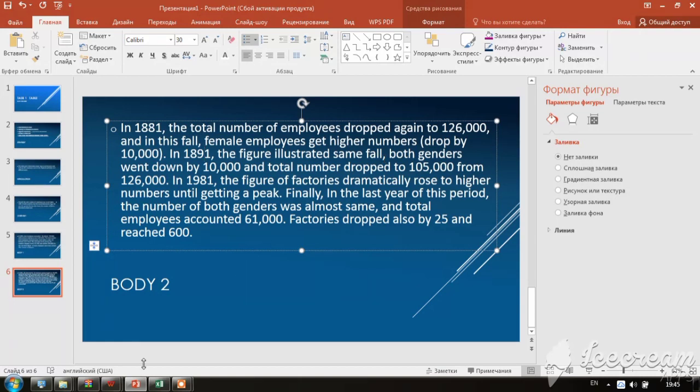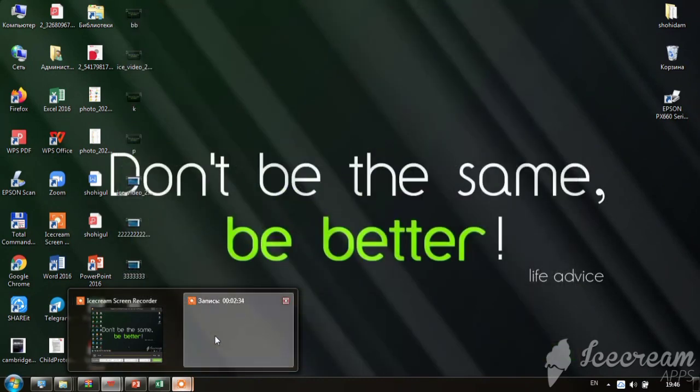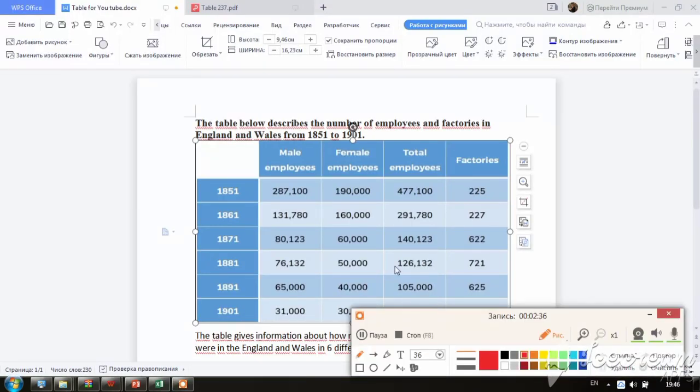In the next sentence, in 1891, the figure illustrates the same fall. For example, you can say this fall is the same, a drop by 10,000.